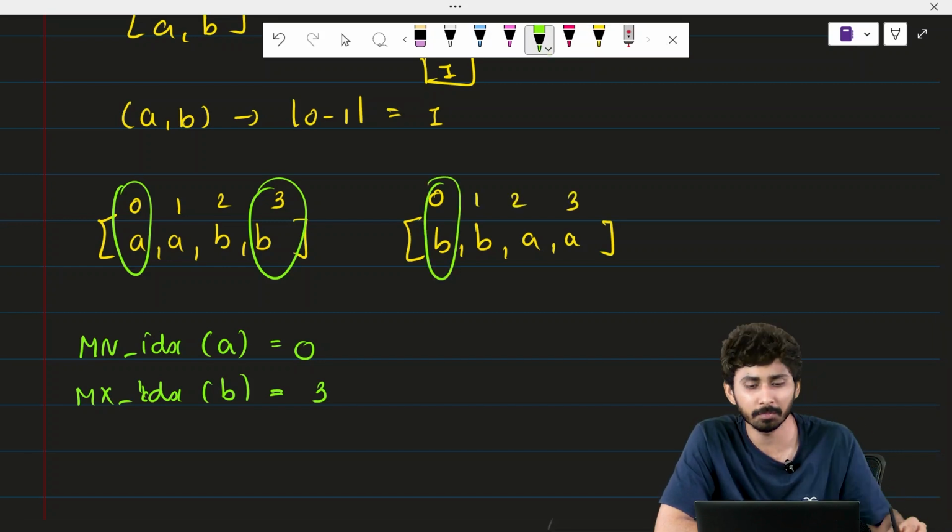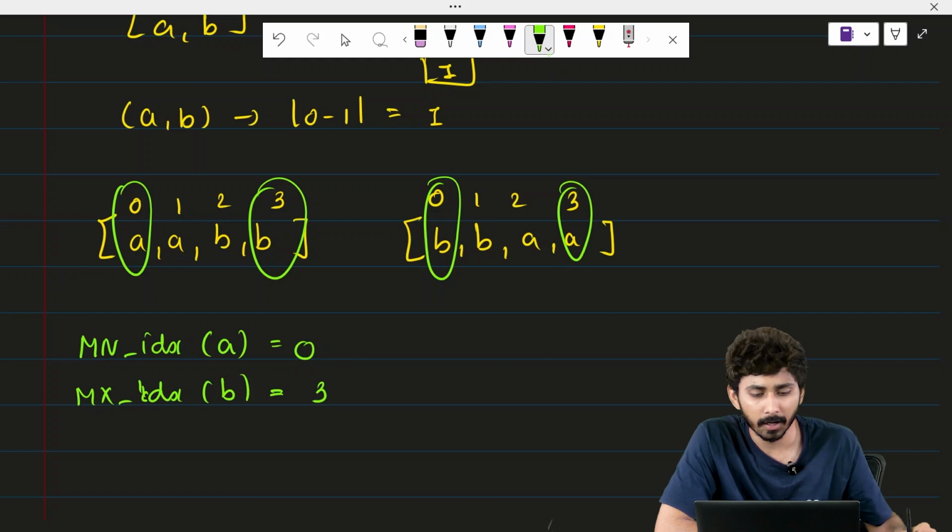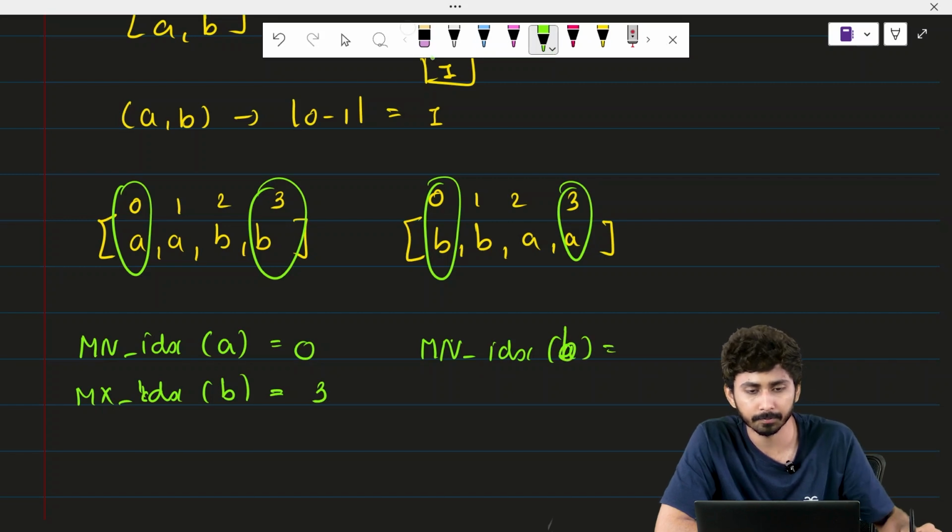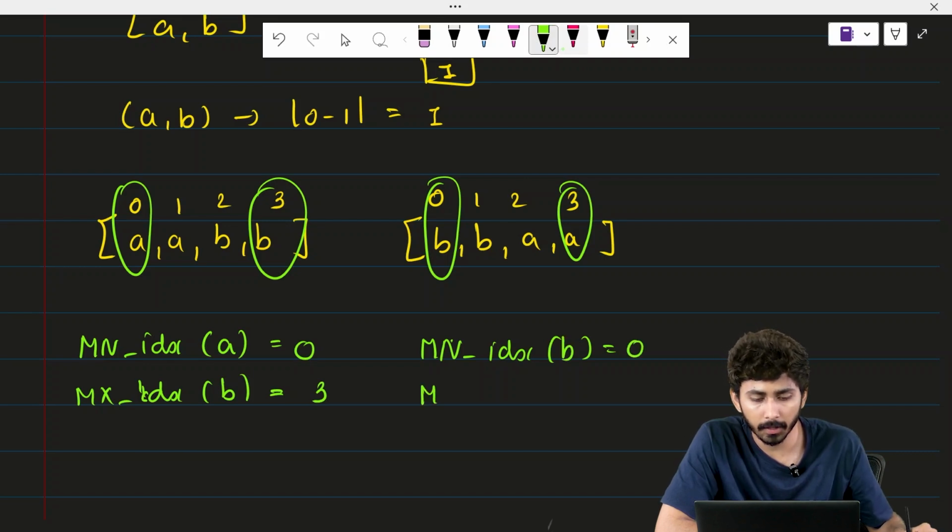It is the minimum index of B and the maximum index of A that gives the maximum answer. This is the minimum index of B, that would be 0, and the maximum index of A, that is 3.